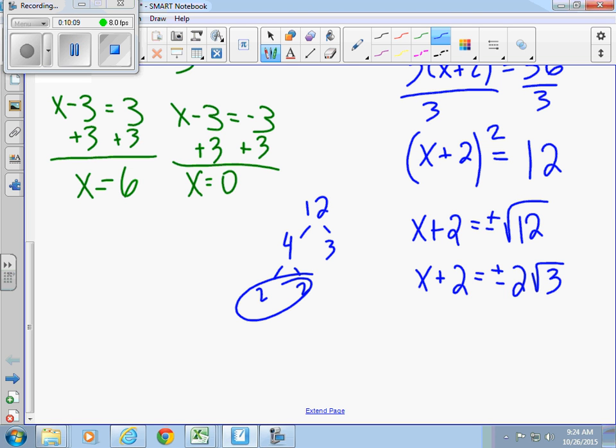Now last time I did split this up into 2 pieces because I was going to try to simplify it. Am I going to be able to add or subtract 2 to 2 radical 3? They're not like terms. So on this one, I'm just going to leave it as negative 2 plus or minus the square root of 12. I'll leave it in that unsimplified format, or reduced radical format. Any questions about that?